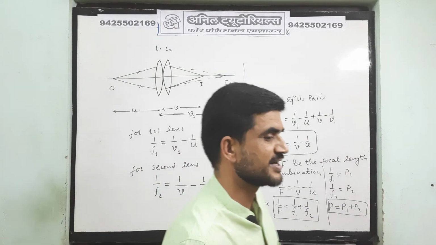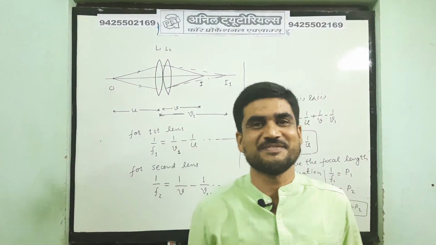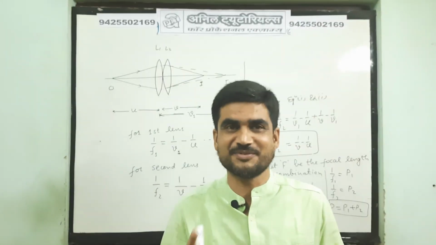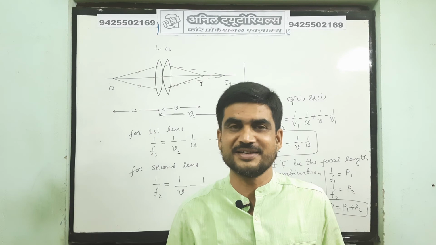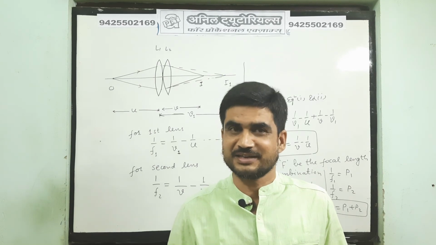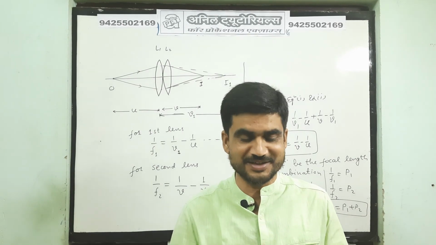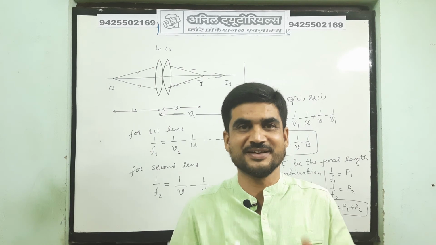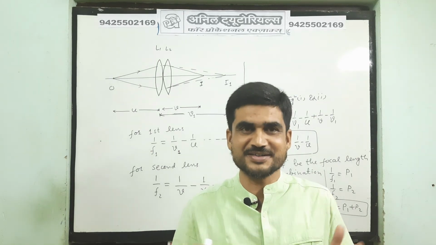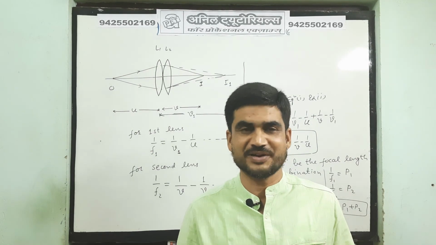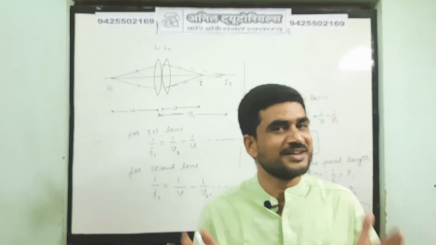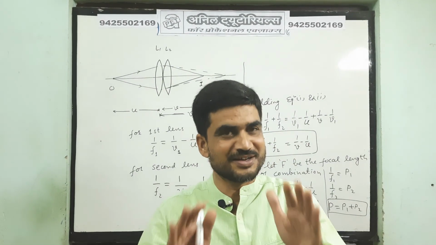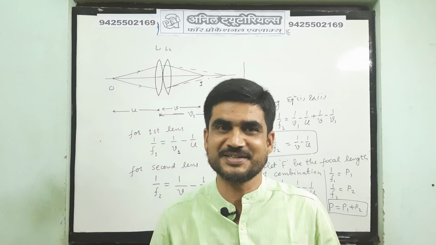So what we studied from the beginning: initially we studied the laws of reflection, then mirrors, then spherical mirrors, then refraction, laws of refraction, refraction through prism, glass slabs, lateral shift, longitudinal shift, then lens. Before lens we studied the spherical surfaces also.